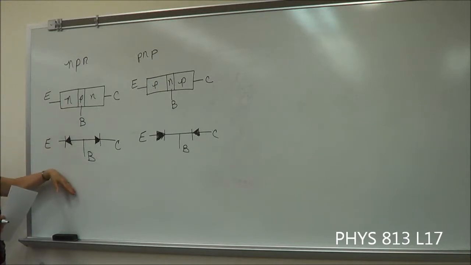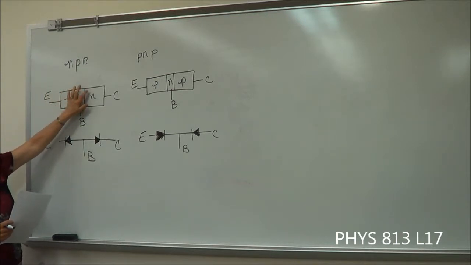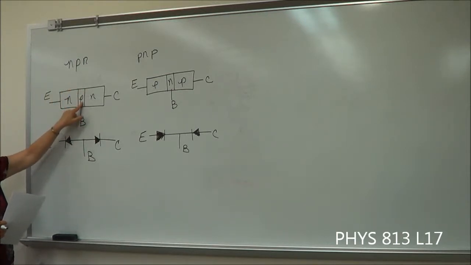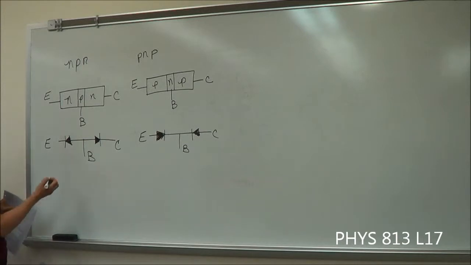So inside the transistor, there is a material here, a different one here, and a different one here. This one is a very thin layer compared to the other two. And then this is in terms of the diode symbols. And then we're going to look at the symbol that's used in a circuit.